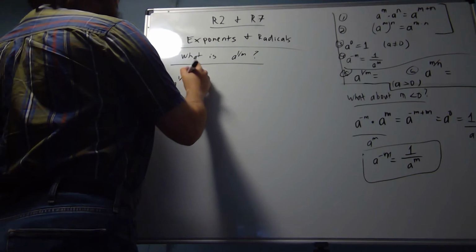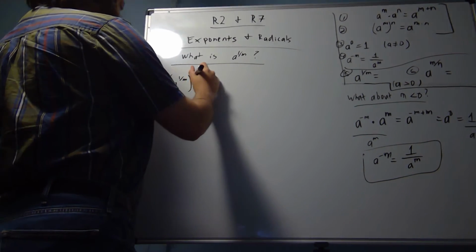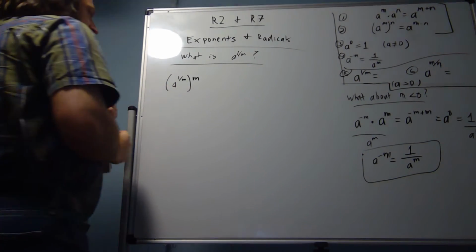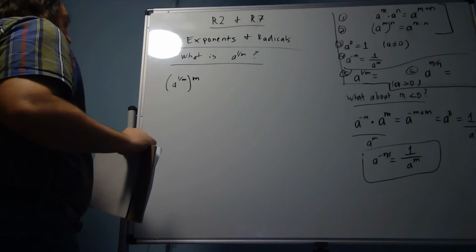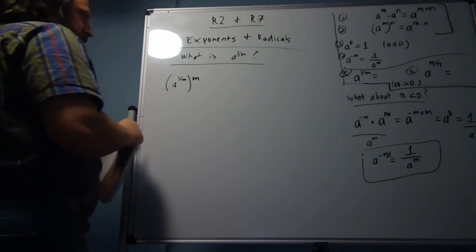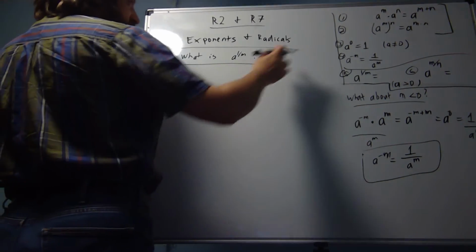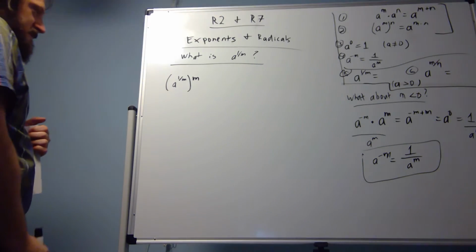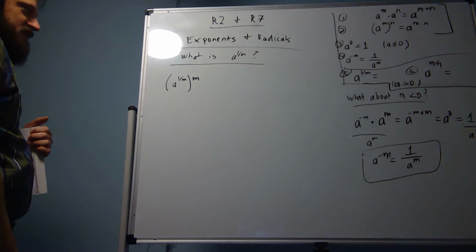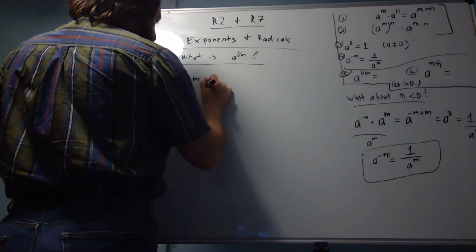Well, let's just explore. Let's try to understand this by applying one of our identities. We want to use identity number 2 because that's how we can cancel out that denominator. We want to multiply 2 fractions in the exponent.